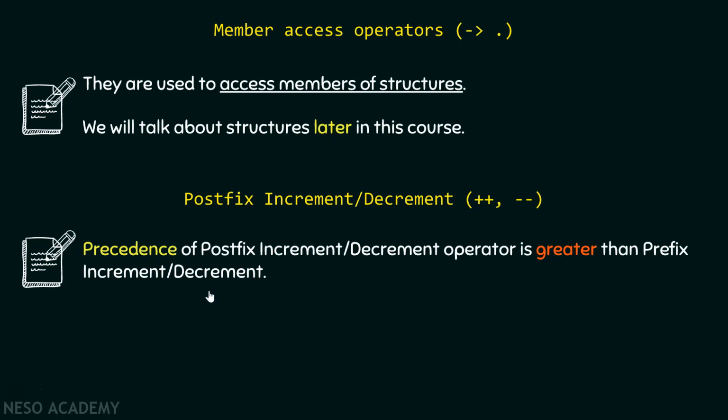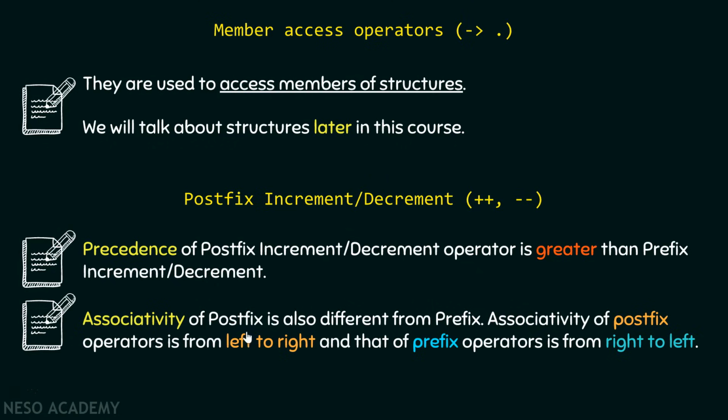You will find in the precedence table that prefix increment or decrement operator will immediately appear after postfix increment or decrement operator. Apart from that, associativity of postfix is also different from prefix. This is also a very important point. Associativity of postfix operators is from left to right and that of prefix operators is from right to left.